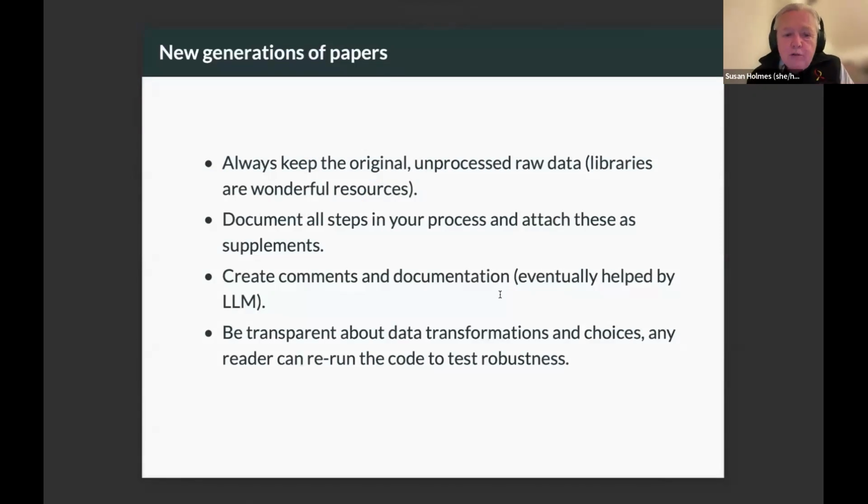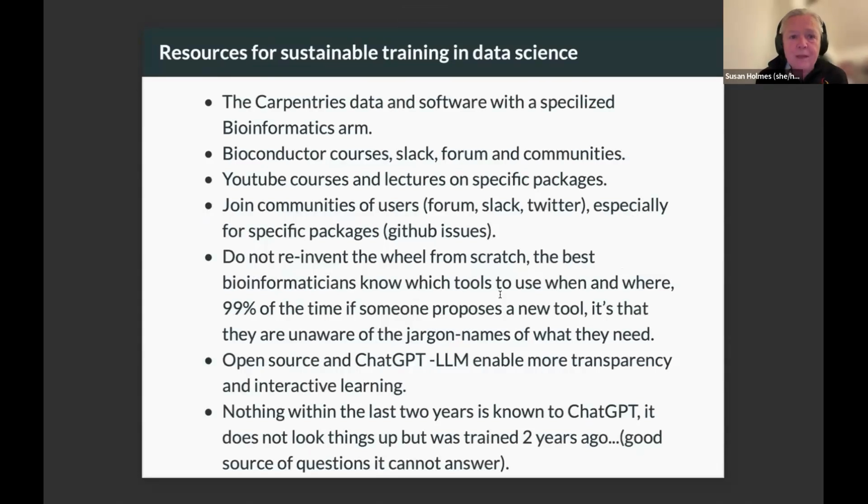So there's a new generation of papers where you have to keep all the original unprocessed raw data that you're going to make available online so that people can exactly reproduce all the steps that you did on your data, and create comments and documentation, and you could be transparent about your data.